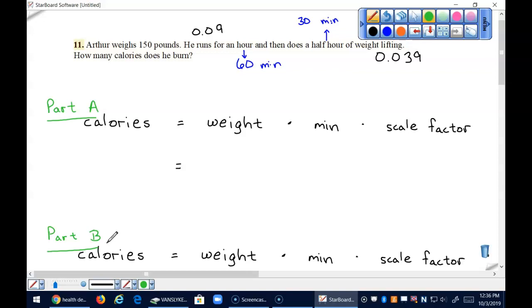No. Because we only did 30 minutes for the weightlifting and 60 minutes for the running, so we have to keep things straight. It doesn't matter which exercise we assign A or B. We're going to add them up at the end anyway. But we have to pay attention to which goes where. So I'm just going to label it for myself. This will be the running, and this will be the weights.